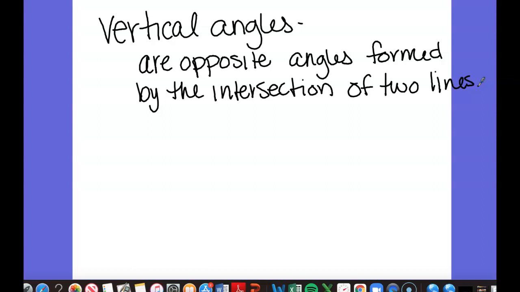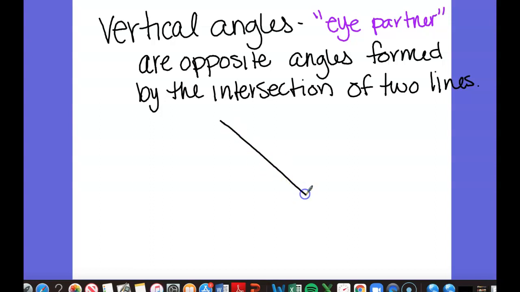Now, the way that I describe vertical angles is I call them eye partners. Because vertical angles look straight across from you, just like your eye partner would.